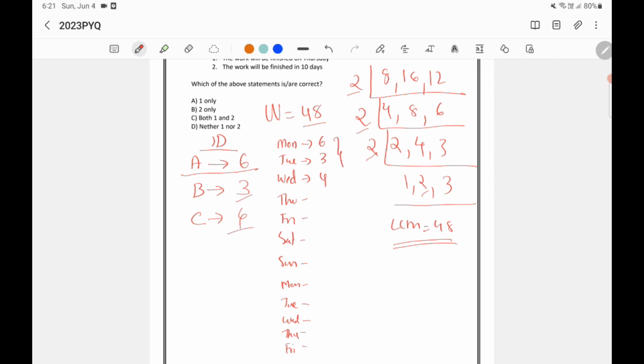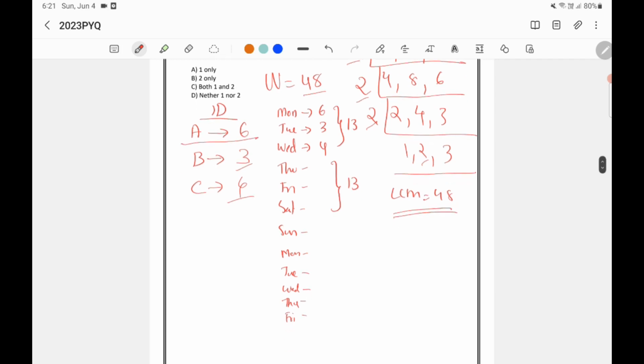In the first 3 days, 6 plus 3, 9 plus 4, 13 work is completed. The next 3 days also complete 13 work because A, B, C are repeating the work. Again in the next 3 days, 13 work. So total 13 plus 13 plus 13, 39 work will be completed in 9 days.